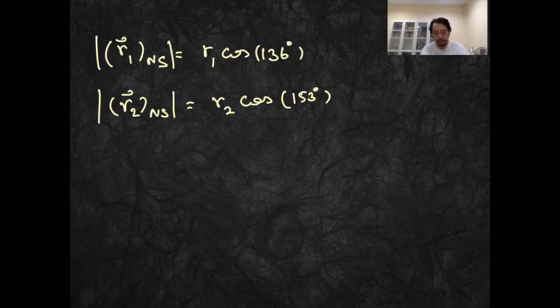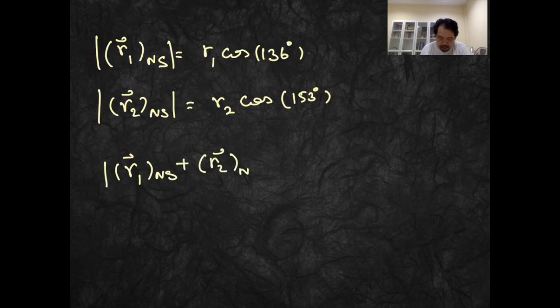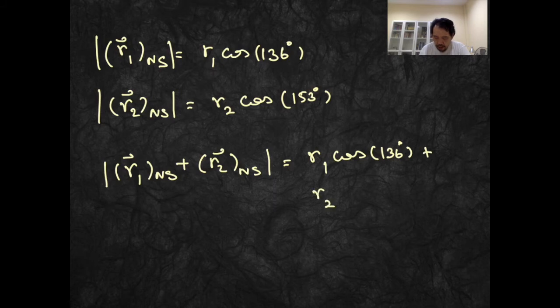So we can say that the magnitude of R1 along the north-south axis plus R2 along the north-south axis is equal to R1 cos 136 degree plus R2 cos 153 degree.